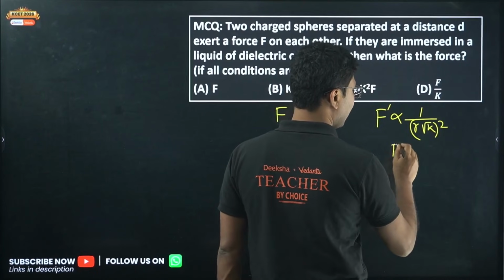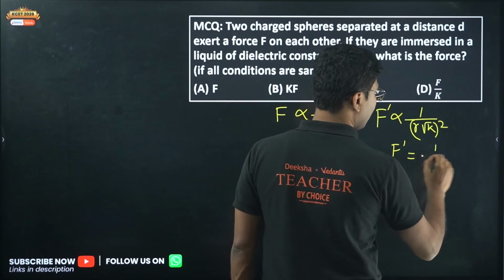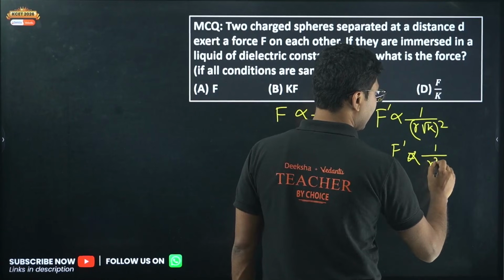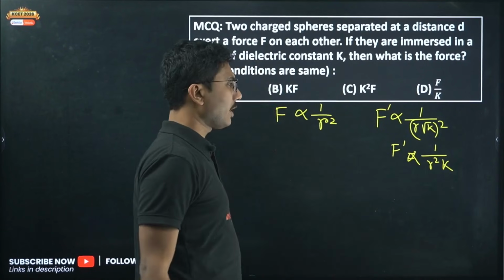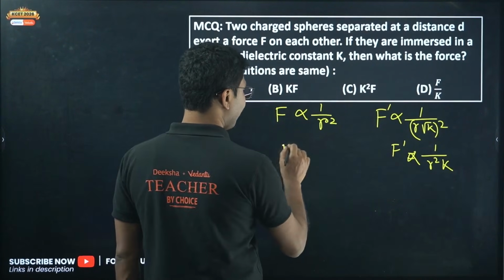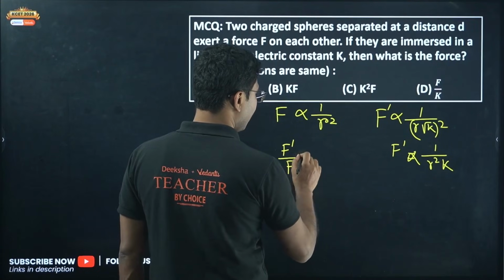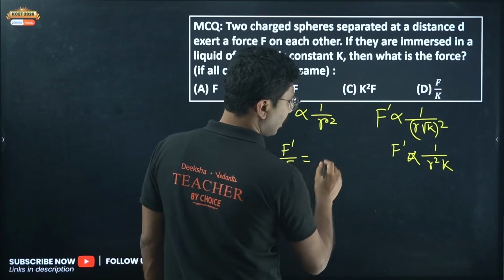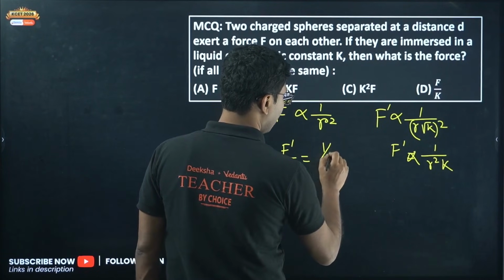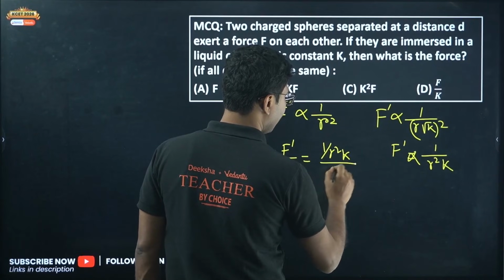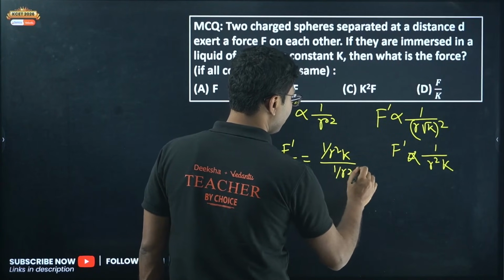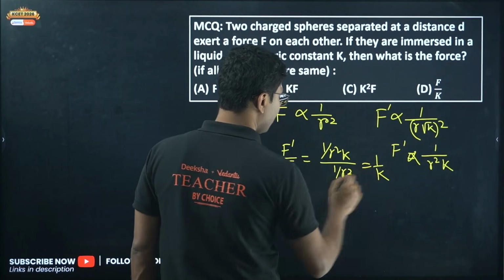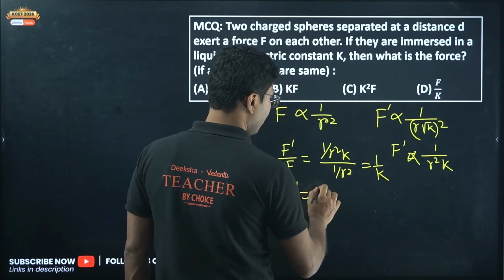So F dash equals 1 by r square into k. If you divide this, we get F dash by F equals (1 upon r square k) divided by (1 by r square), so it will be 1 by k. So F dash equals F by k.